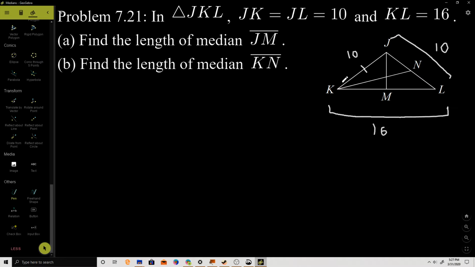Now, what you should be thinking is that you have an isosceles triangle. And isosceles triangle means that whatever line from the vertex at the top to the base is going to split KL in half. So 16 in half is 8 and 8.